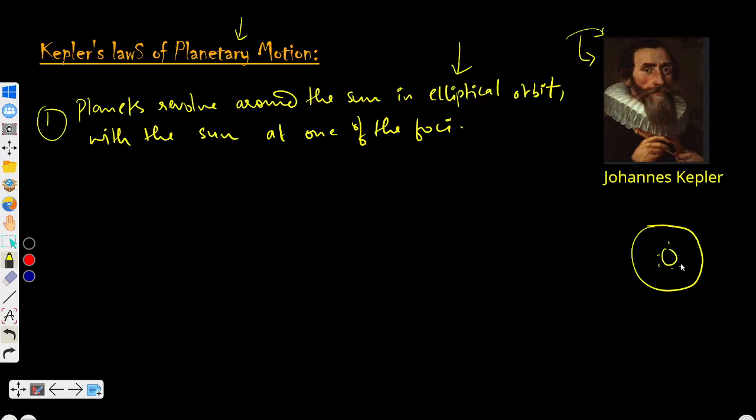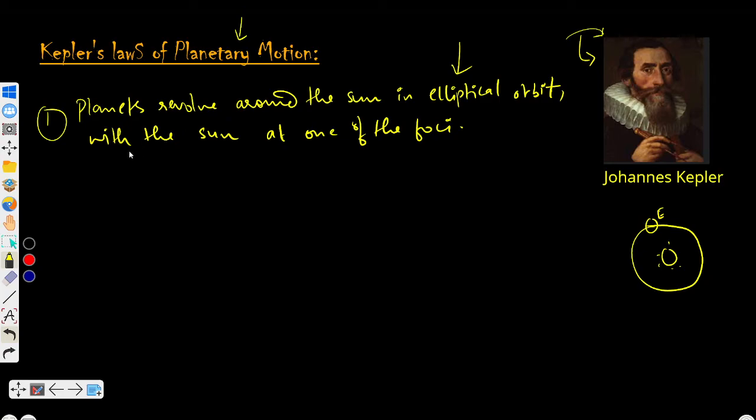If this is the sun and this is Earth, the orbit of the Earth is nearly a circle. You need to focus on this: I'm not using the word circular, it is nearly a circular orbit. So before Kepler, people just assumed that for all the planets the orbit is circular. But Kepler gave the exact information. He said that the orbit is elliptical and not circular.